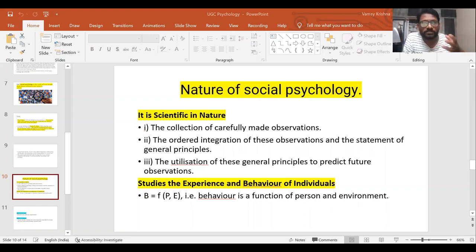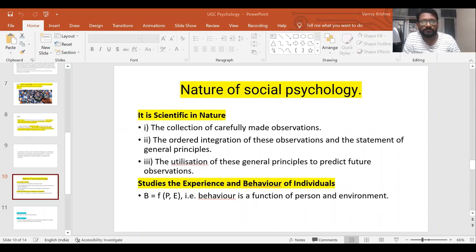Psychology analyzes the nature of humans, and sociology analyzes the nature of society, where the amalgamation of both is nothing but social psychology, which analyzes the nature and the relation of man to the society. So we have two entities here. Man in relation to society is what we actually study in social psychology.